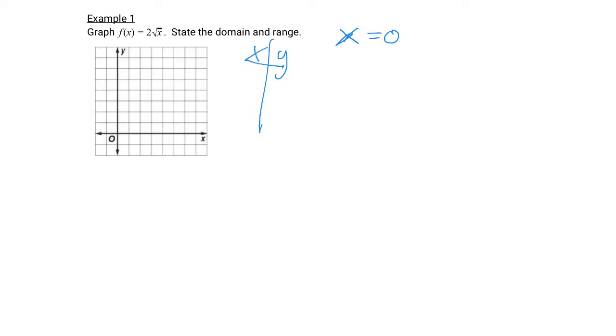X is just 0. So x equals 0 is going to be our very first value of x in the table. The square root of 0 is 0, and 0 times 2 is also 0. So the first point on our graph is 0, 0.